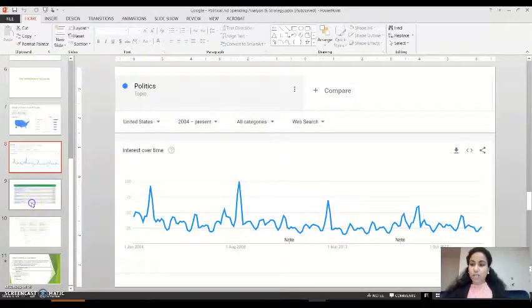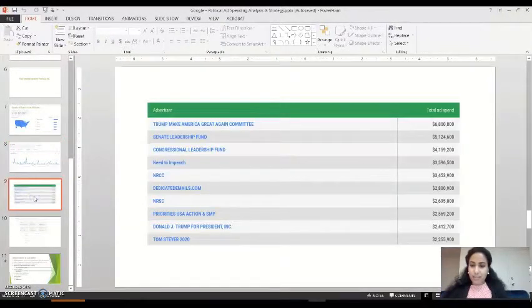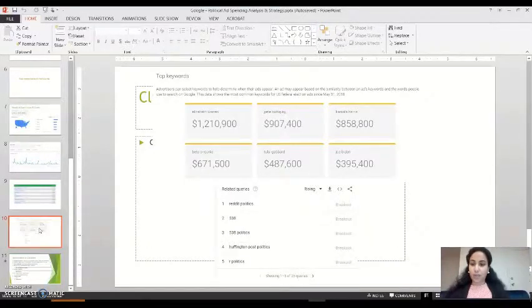So next set of data is the top advertisers and the total ad spend. So as of today, from May of 2018, here are the top ad spenders that we could possibly target. And over here, we see the top keywords.